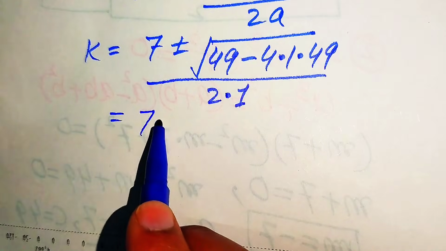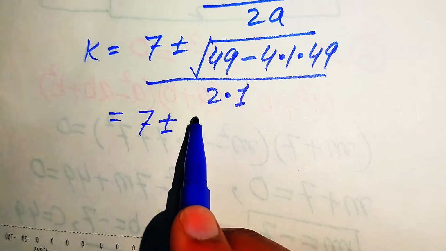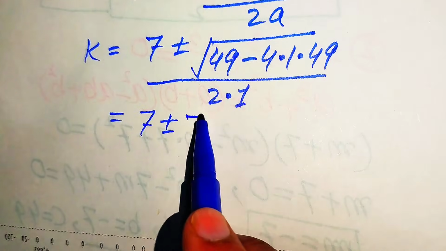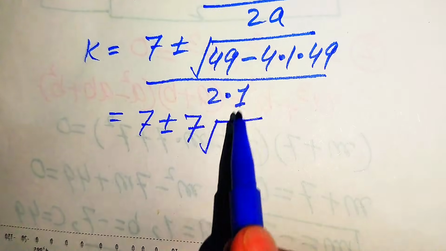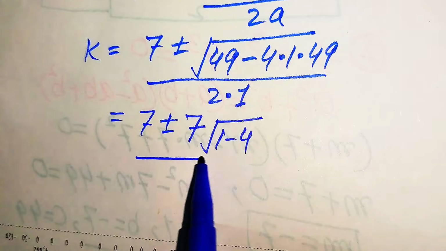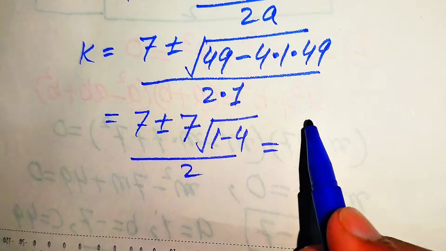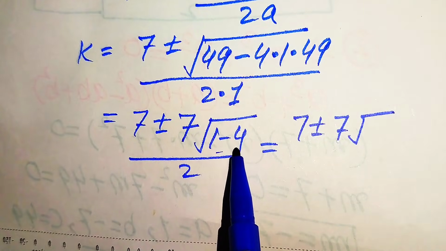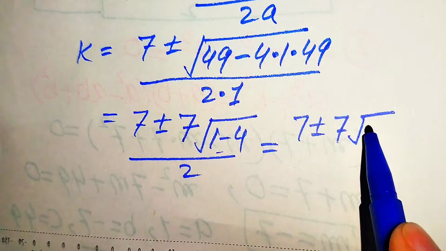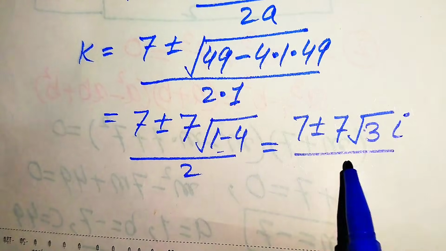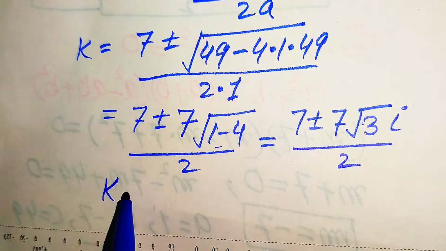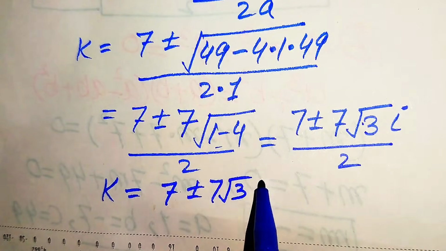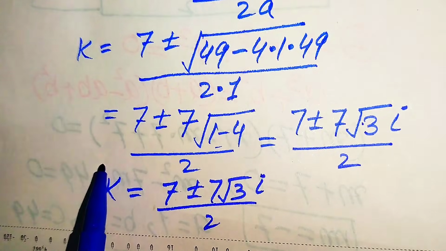So here we need a little bit more simplification, and it becomes 7 plus minus, when we take common 49 inside the square root sign, 7 times square root of 1 minus 4, divided by 2. So we obtain 7 plus minus 7 times, here we know that 1 minus 4 becomes minus 3, and square root of minus 3 becomes square root of 3 times iota, and it is divided by 2. So finally we have the other roots of the given equation are 7 plus minus 7 times square root of 3 iota, divided by 2.